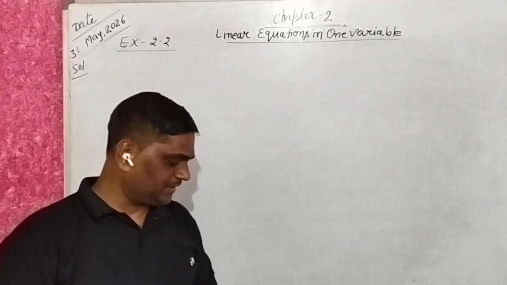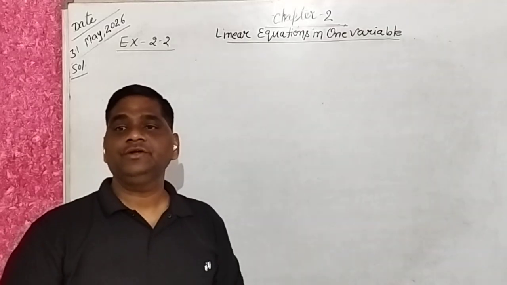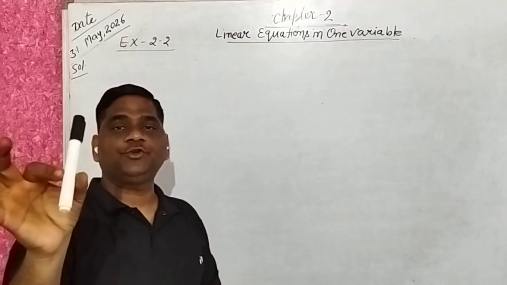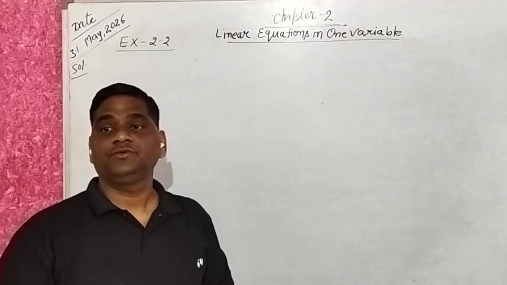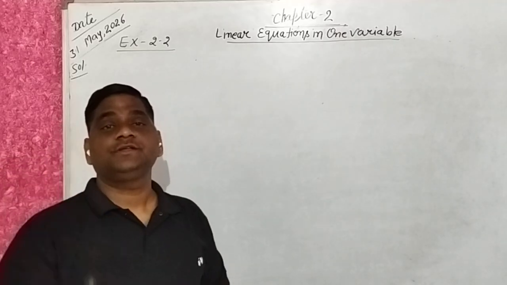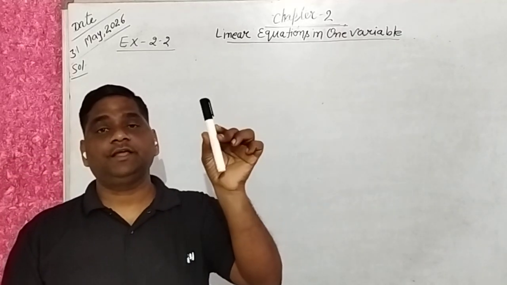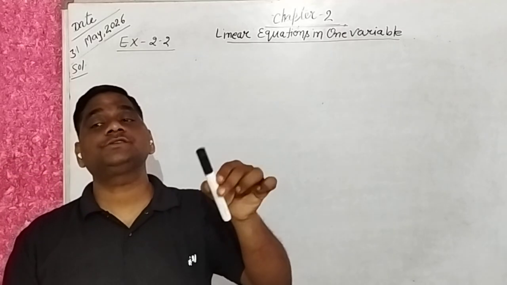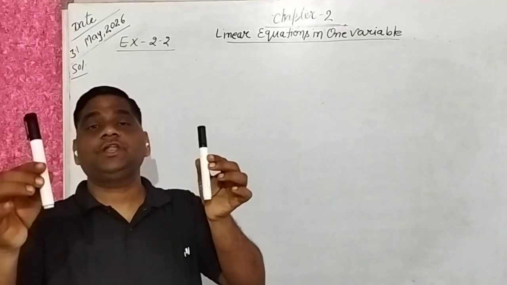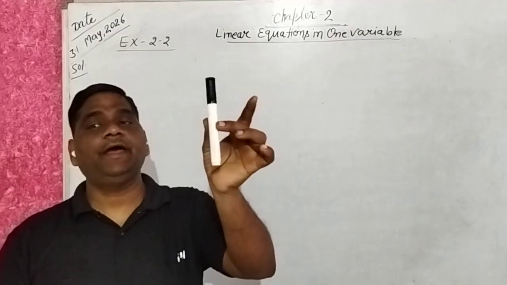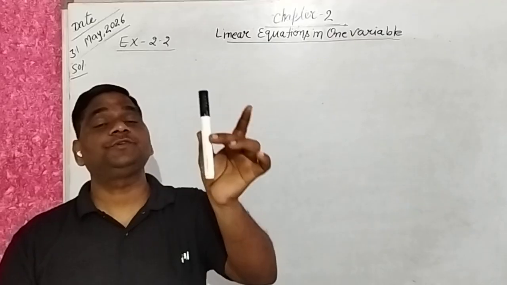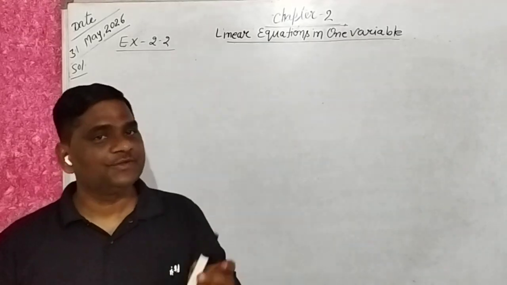If one exceeds the other by 15, find the numbers. Suppose one marker costs 40 rupees and the other is 15 rupees more, so 40 and 40 plus 15.